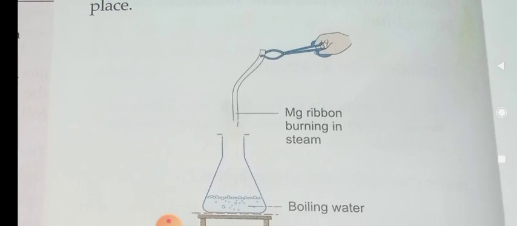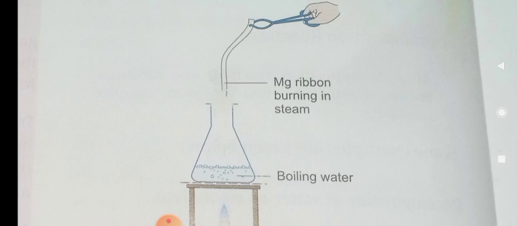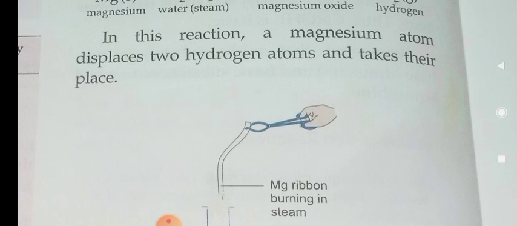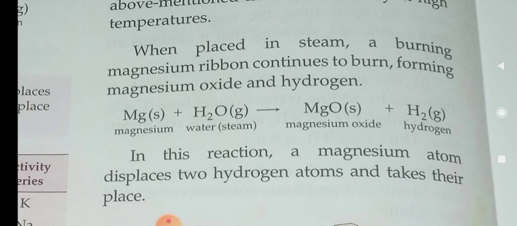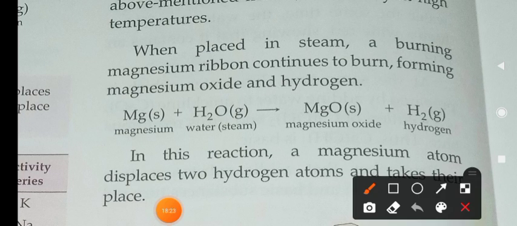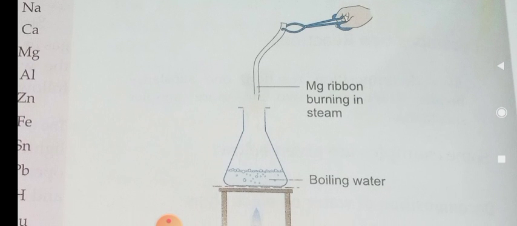The magnesium ribbon burns in steam. When it burns in steam, what happens? The magnesium atom displaces two hydrogen atoms and takes their place. This is what happens in this reaction. Magnesium replaces the hydrogen and forms magnesium oxide. Do you understand? So the process is this.